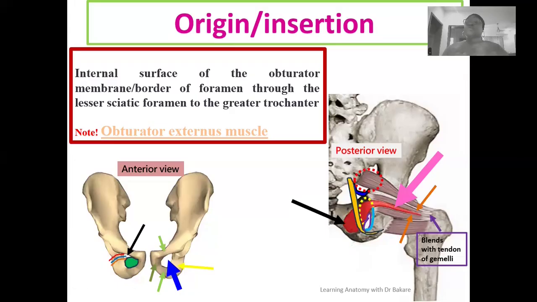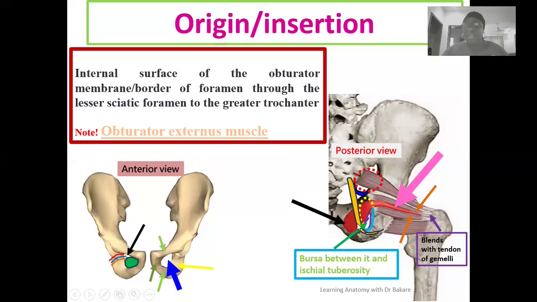It's also important for us to add that if we go back to the point where the fibers of the obturator internus muscle emerge, at this point here, we have a bursa that is arrowed here in green. This bursa is created between the obturator internus muscle at this point, and also the posterior surface of the ischial tuberosity. This is where we have the ischium, and this is where we have the tuberosity of the ischium.